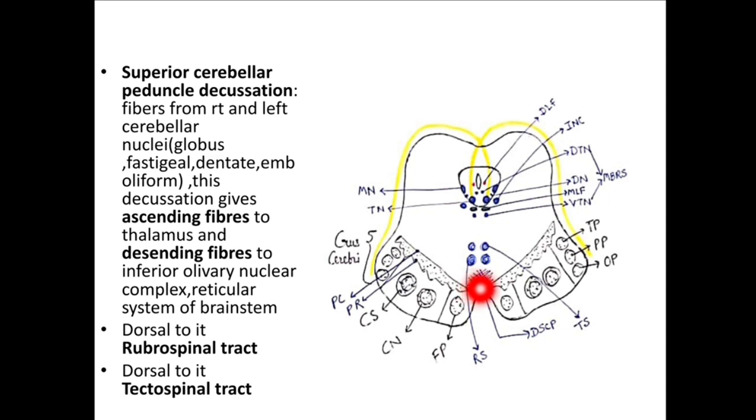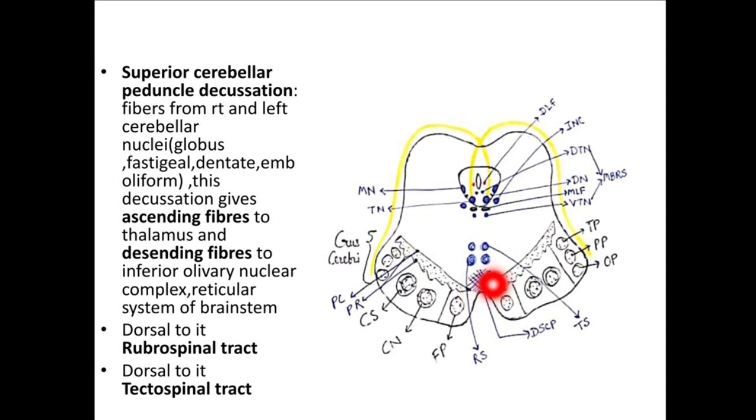This decussation further gives ascending fibers to the thalamus and descending fibers to the inferior olivary nuclear complex and reticular system of the brainstem.